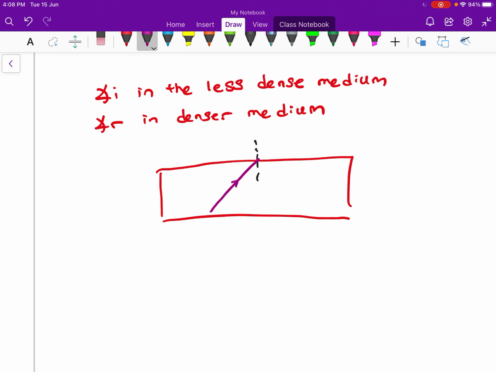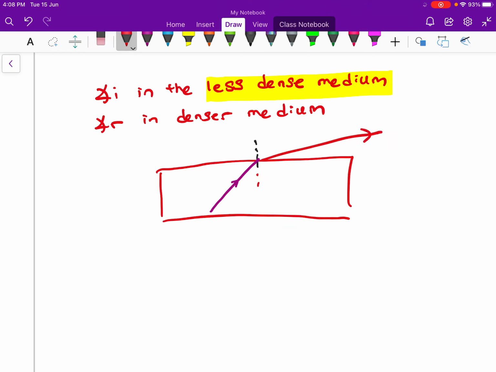Most of the students will say, hey, this is the angle of incidence. This is not true, because although we know that the light is incident on the glass block, that does not mean that this is the angle of incidence, because the angle of incidence is always in the less dense medium.